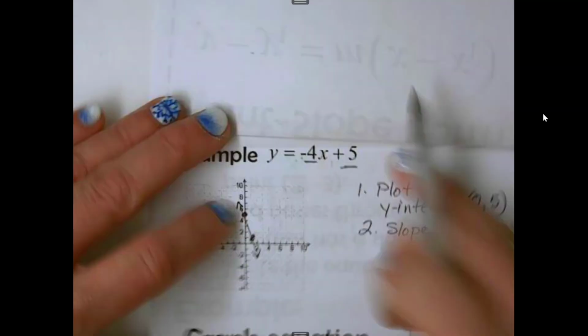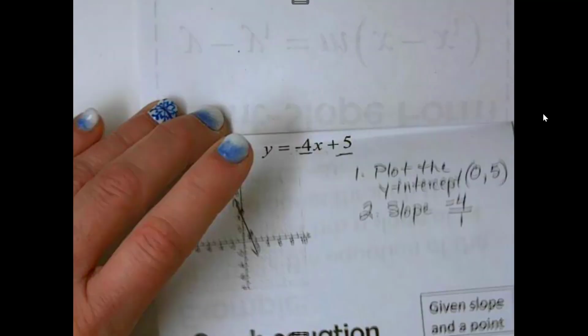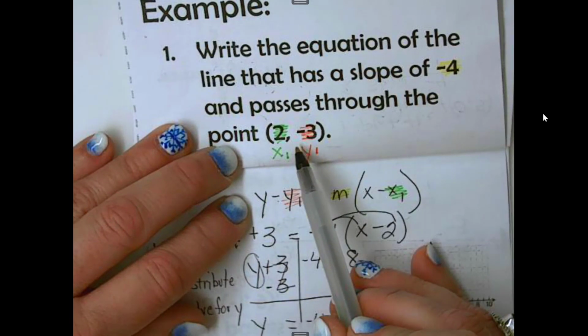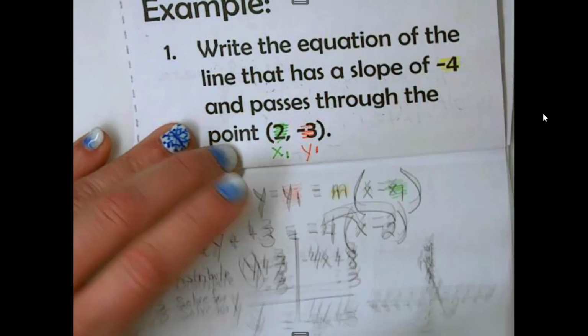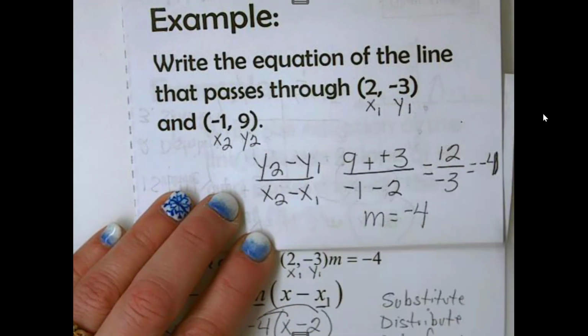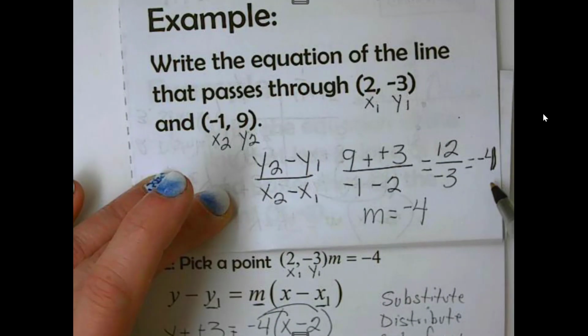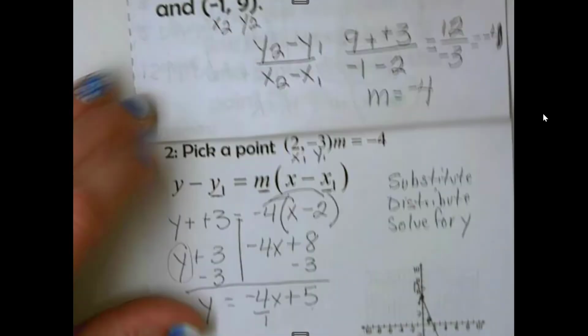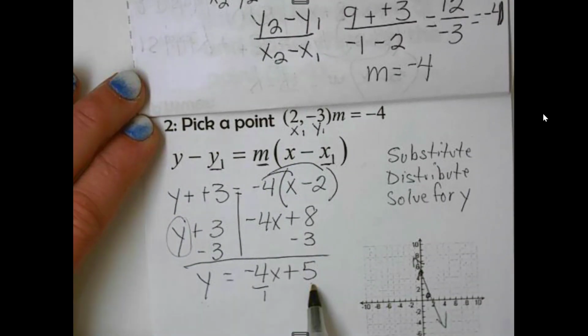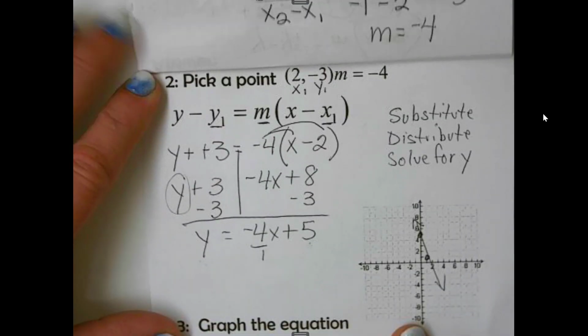Right here, it was already in slope-intercept. Here, we were given the slope and a point that was going through the line. And in this situation, we were given 2 points that were on the line. So we had to find the slope first and then go through everything to finally get that equation in slope-intercept. Okay, so go ahead, and glue that in your notes.